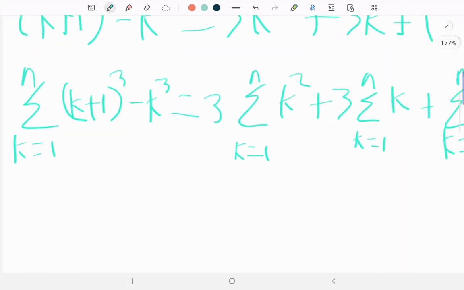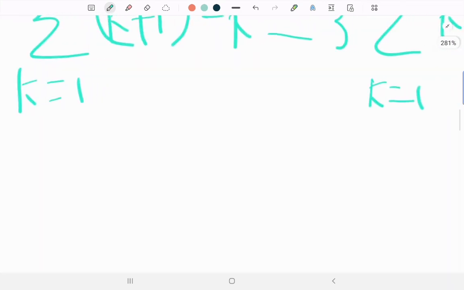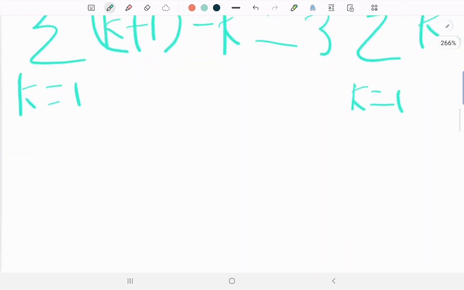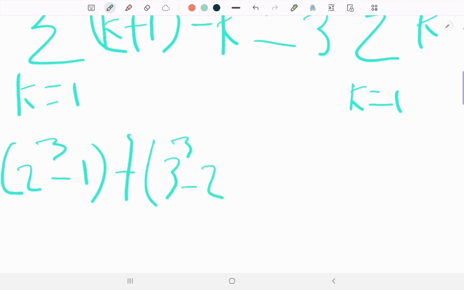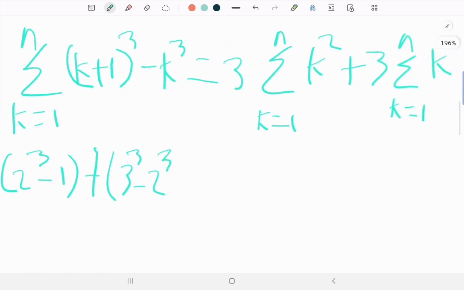We can see that this is basically, let's insert our numbers. It's basically just 2 cubed minus 1 plus 3 cubed minus 2 cubed. And then you can see that it cancels out, plus 4 cubed minus 3 cubed.